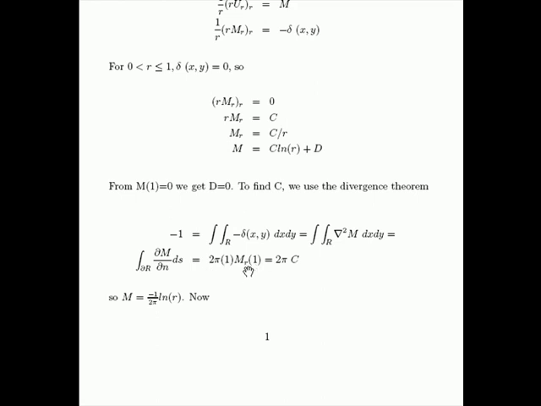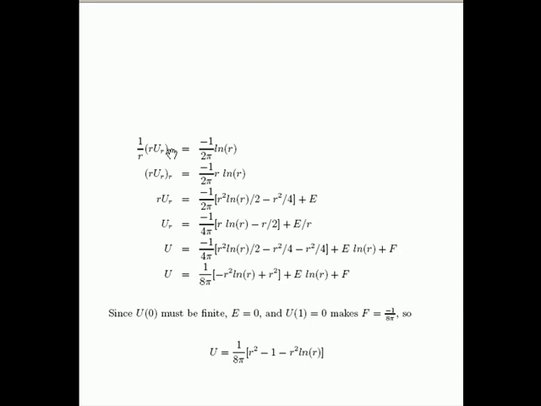And since m_r at r equals 1 is just c, that's 2 pi c, and that allows us to find that c has to be minus 1 over 2 pi. So finally, d is 0 and c is minus 1 over 2 pi, so now we've got m. Now we just need to find u from the Laplacian of u equals m.